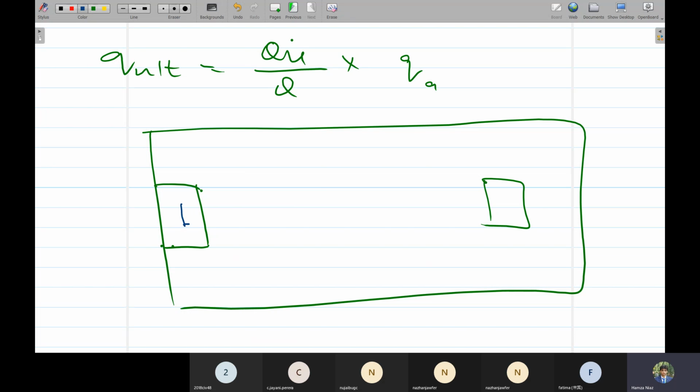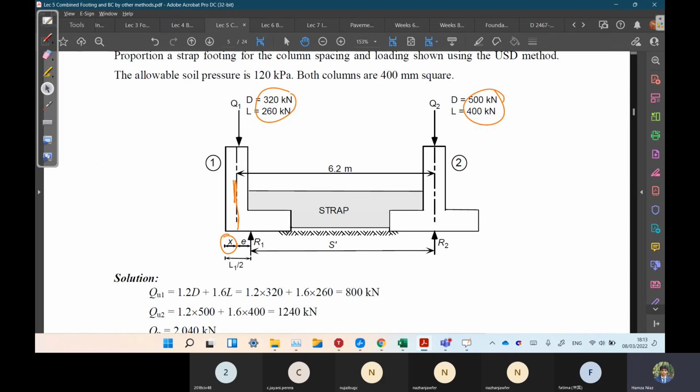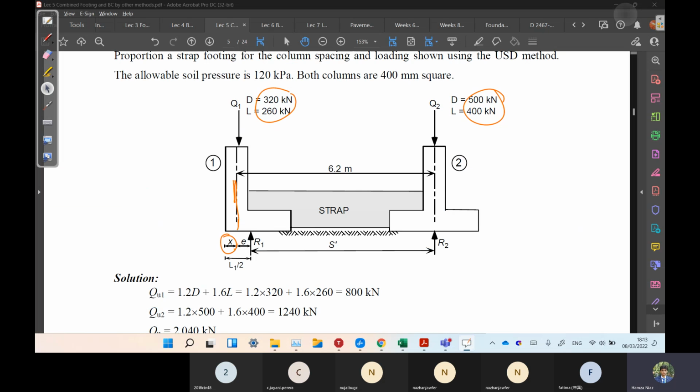They are connected like this by a strap beam. So this column one is at the edge of the footing, so this x distance would be simply this column size divided by 2.